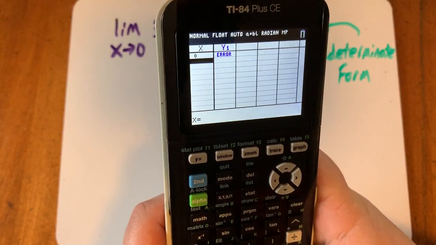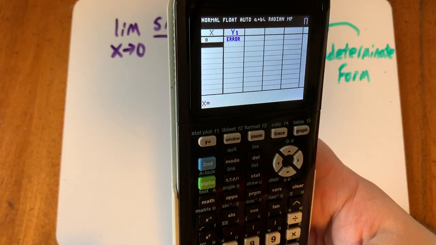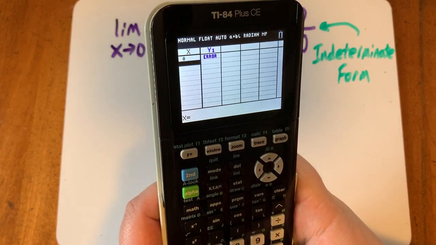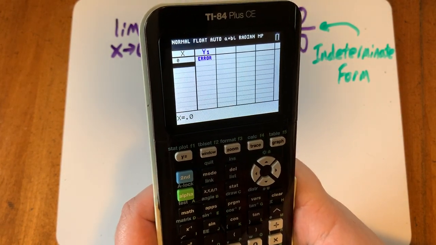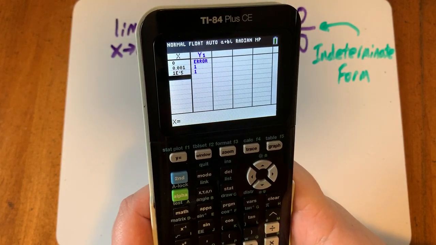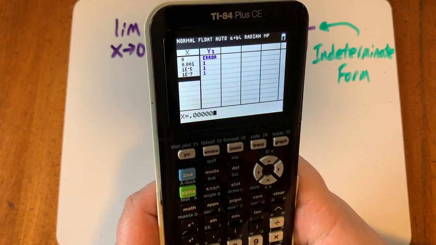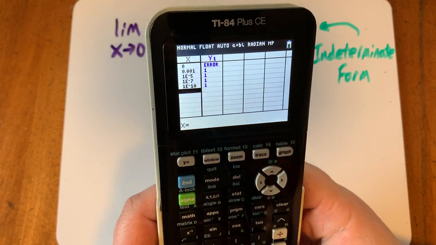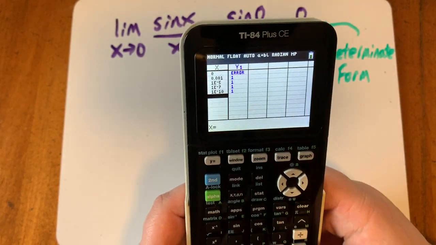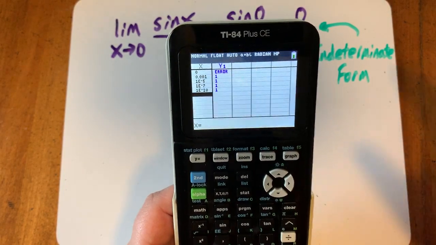So I'm going to choose numbers to the left and right of it. And if they seem to be approaching the same value, then that value is going to be the limit. So if we had like 0.001, 0.0001. So these are all really, really close to 0 on the positive side, and they're yielding 1 every time. So at least we know that the right-hand limit is 1.